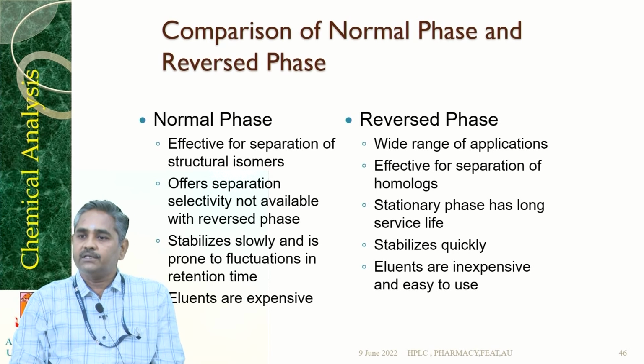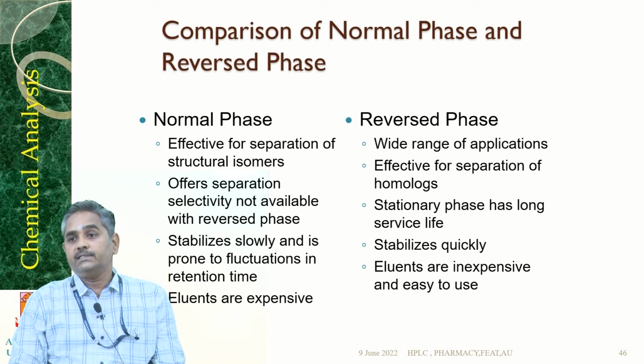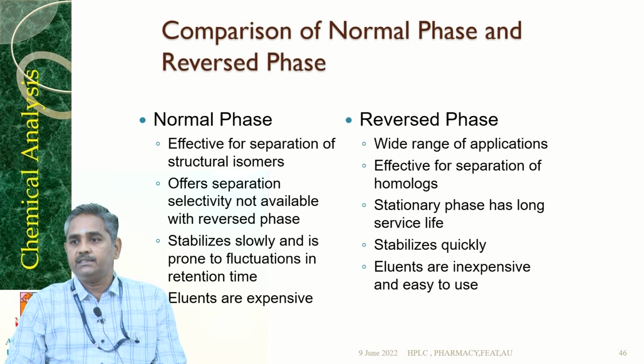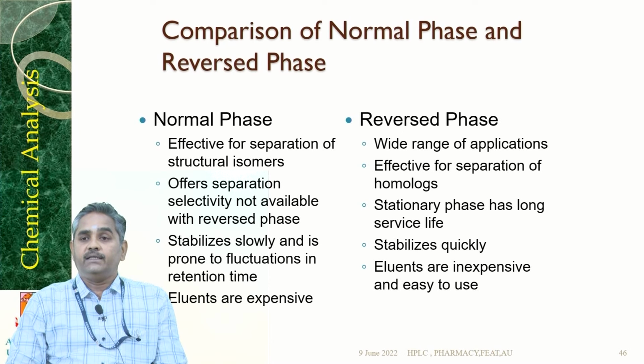Stationary phase has a long service life. As I said earlier, the stationary phase used in reverse phase is less costly and has a long service life. The stationary phase used in normal phase stabilizes slowly.